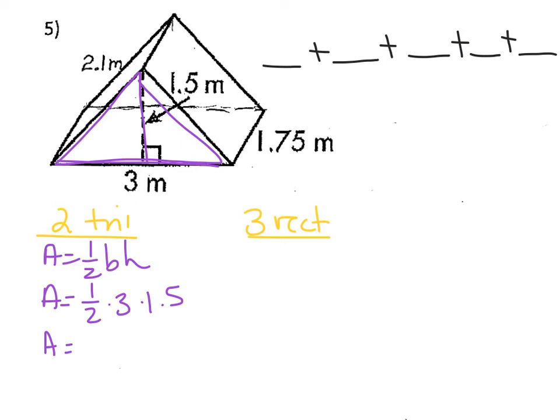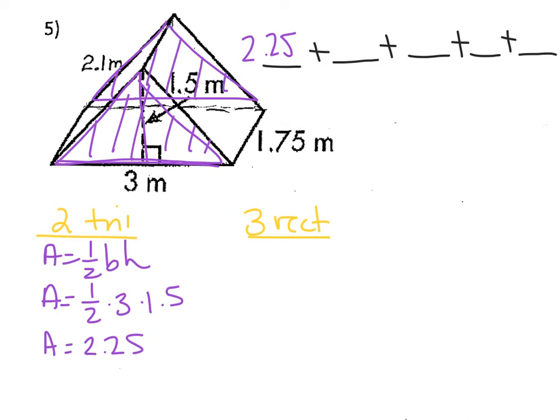So we have 1/2 times 3 times 1.5 gives you 2.25. So that's the area of the front triangle. And in a triangular prism, the back triangle is the exact same. So I'm going to add that again for the back.